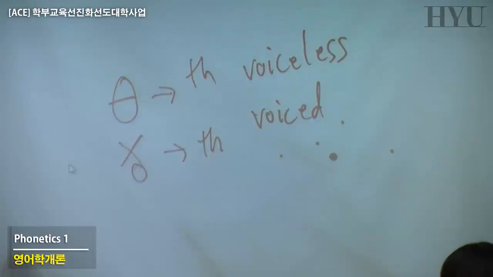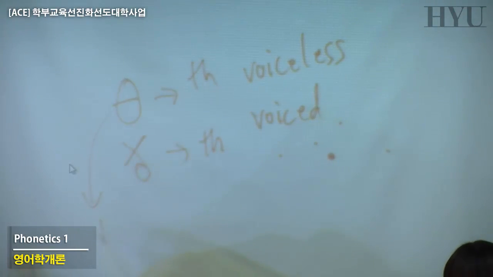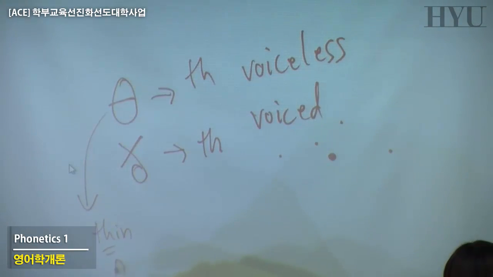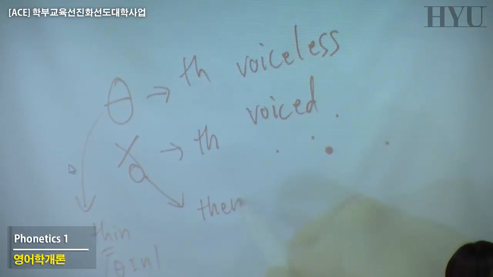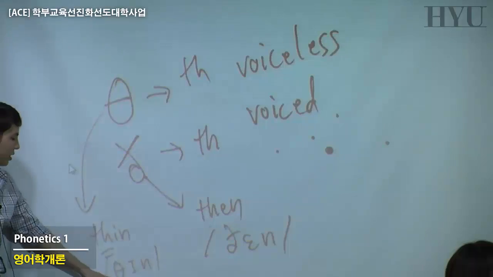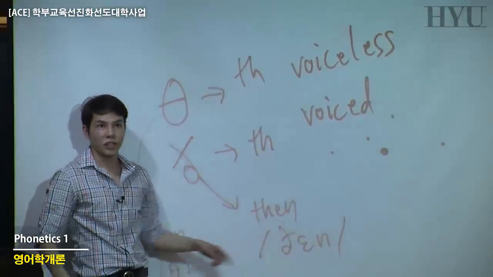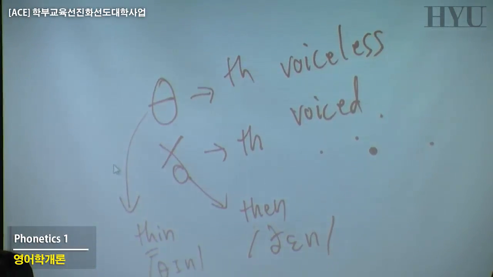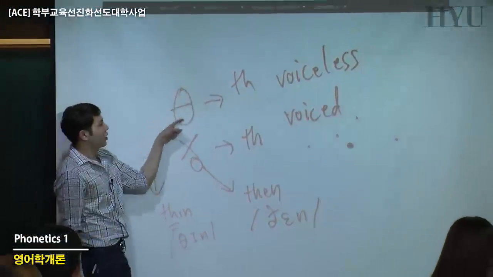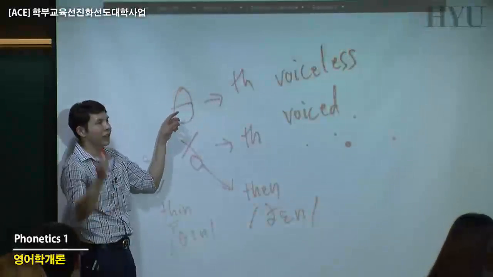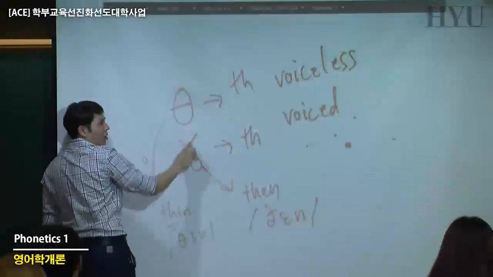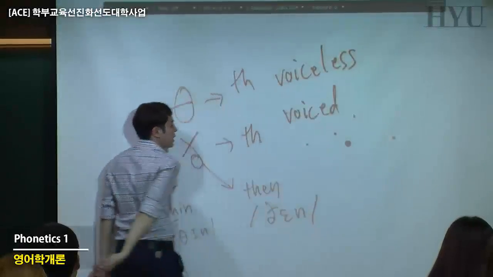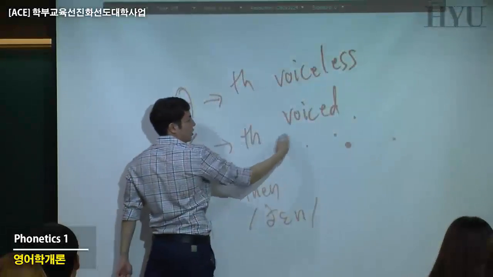The difference is like this: this is in thin, TH, thin, and this is in then. So thin is not voiced, and then is voiced, okay? I'll talk about the voicing in a minute. But for you to know, this one, which looks like a 0 or the letter O with a cross in the middle, is the TH sound, but voiceless. But this one is the TH, but voiced, okay?